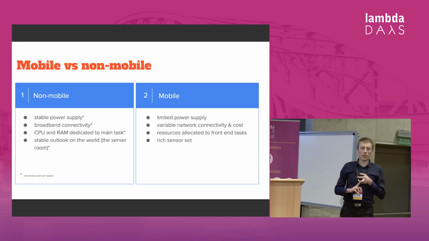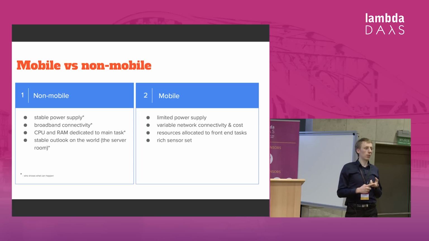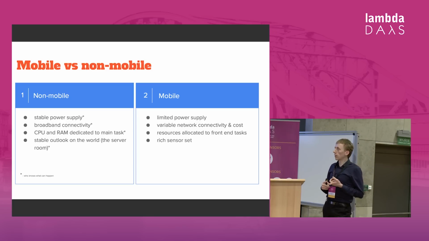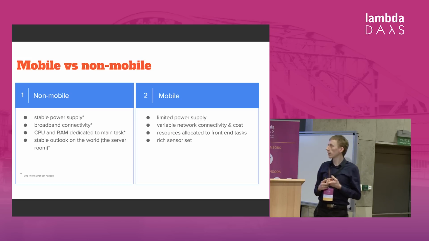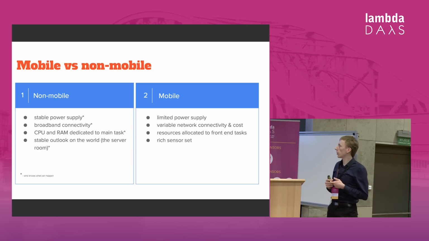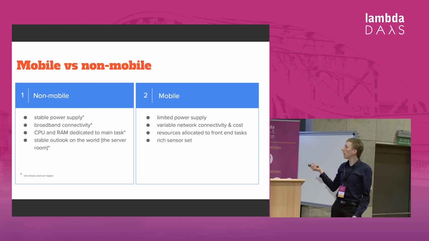We have more or less stable network connectivity, and our resources are dedicated to the application running on the server. And we have a more or less stable view of what's the world outside. The server room, right? With nothing much to see. I put an asterisk everywhere because things happen.